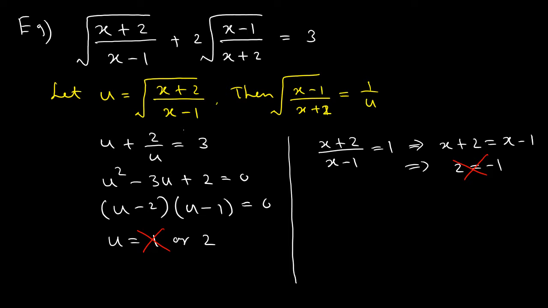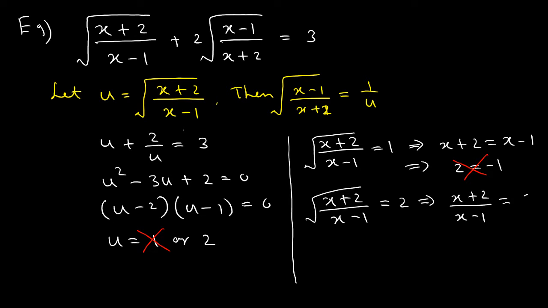So let's do the other one. The square root of (x plus 2 over x minus 1), I forgot the square root sign, we said this is equal to 2. So when you square, you get x plus 2 over x minus 1 equals 4.